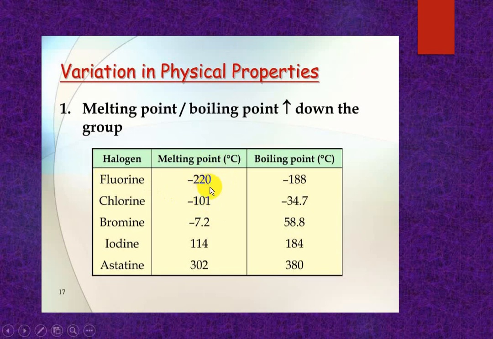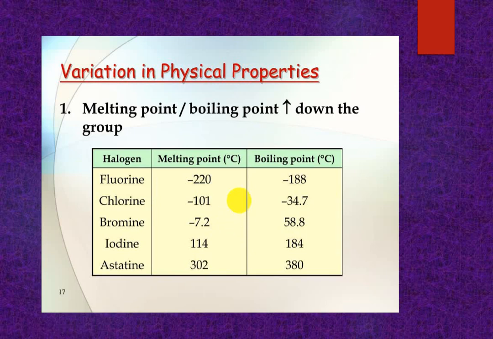Only one force remains, intermolecular attraction force, which increases with atomic mass from fluorine to astatine. So in group 17 melting point and boiling point increase from top to bottom.